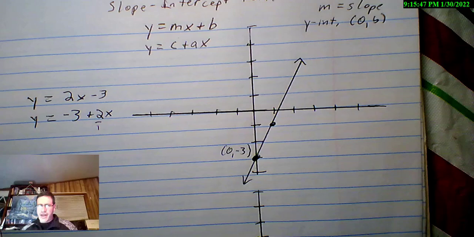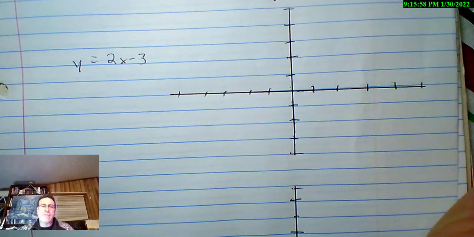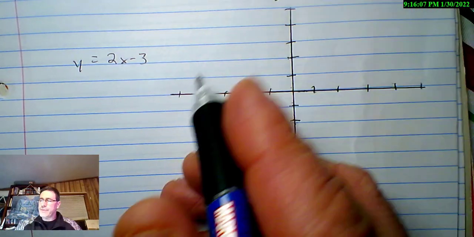But if you forget this or you're not comfortable with it yet, there is another way. So I'm going to take the same equation. And since I only need 2 points to determine a line, I'm going to pick 2 values for x. I'll find what 2 of those points are. So let's say I let x equal 1.